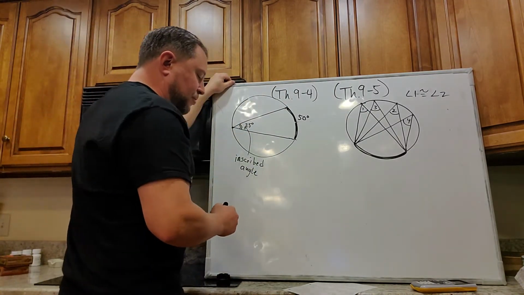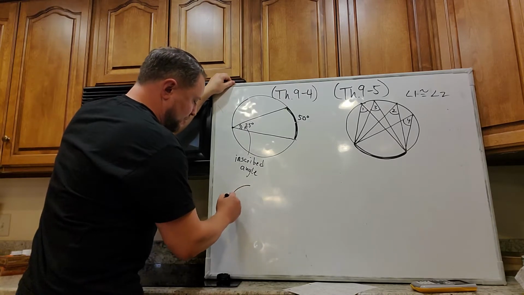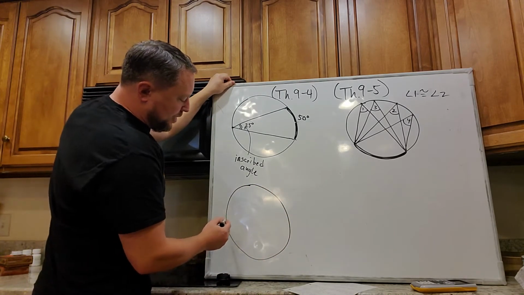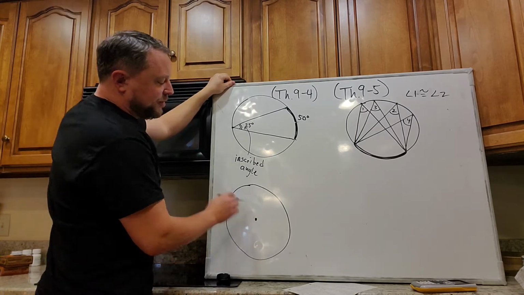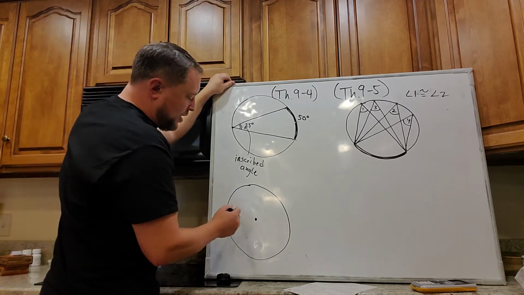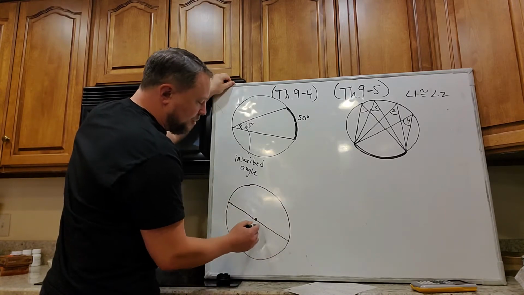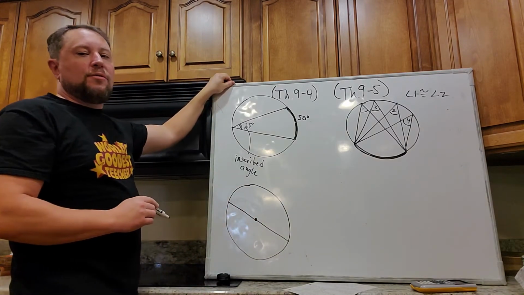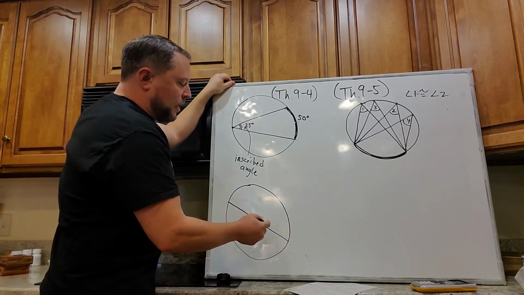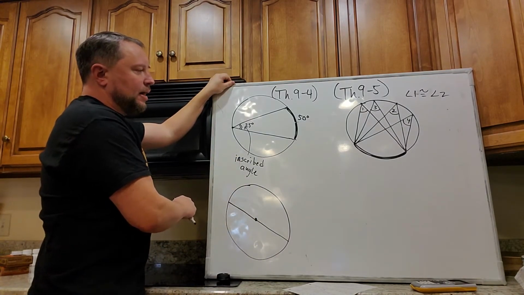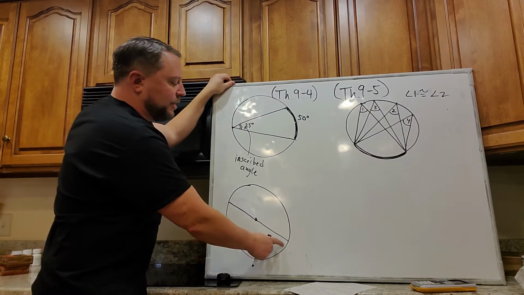There's also a theorem 9.6, which I'm going to draw a picture for down here. Let's say that this is the center of the circle on this one. And on this one, I'm going to draw a diameter going through that center. And then I'm going to draw an inscribed angle that comes out and hits each end of the diameter.